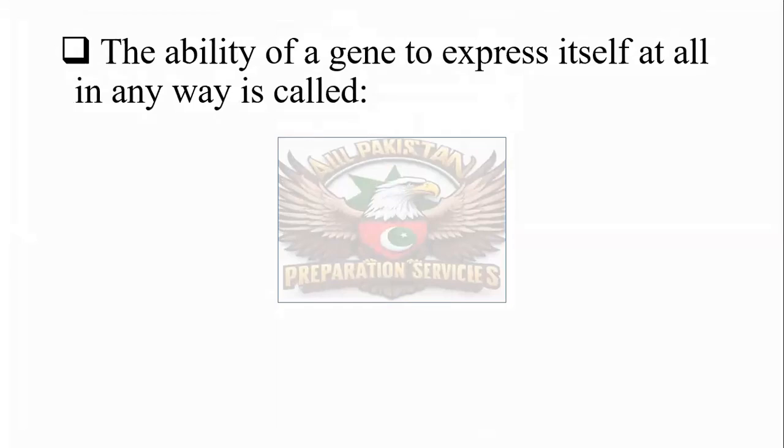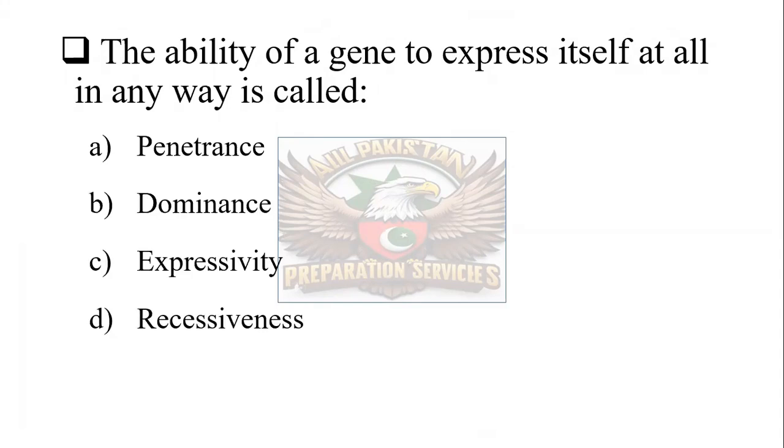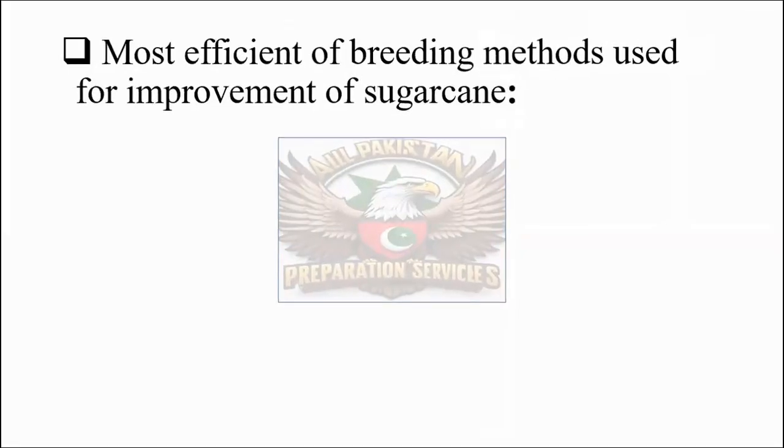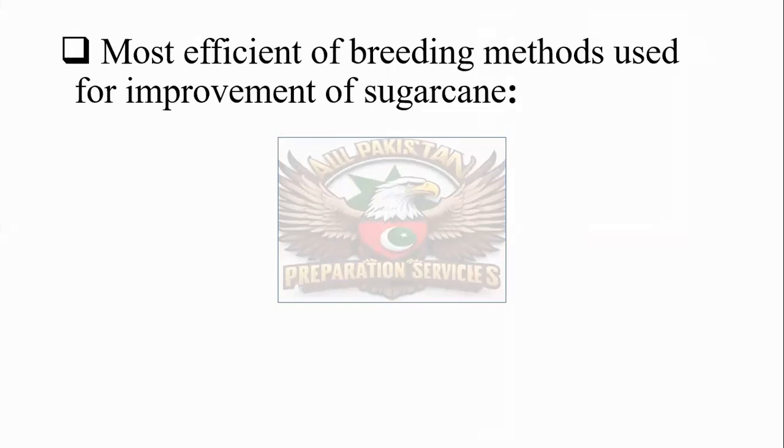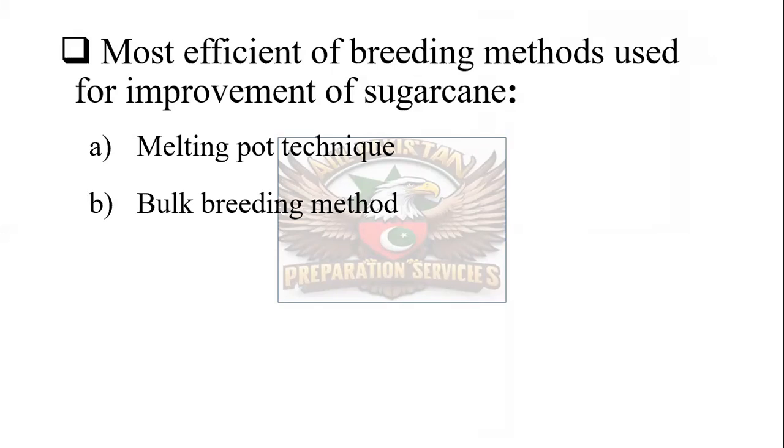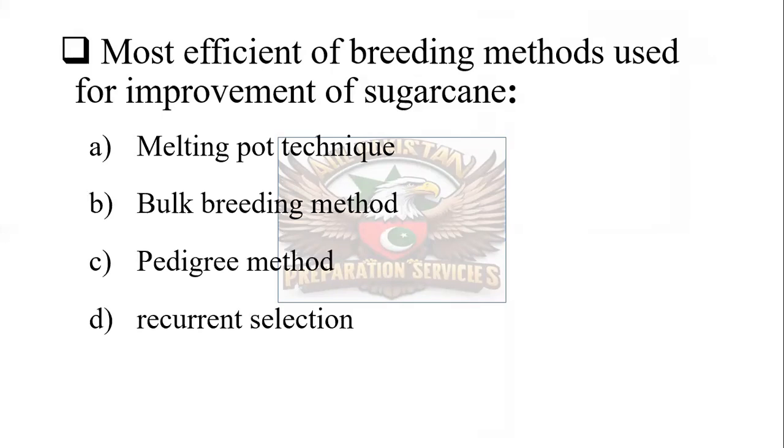The ability of a gene to express itself at all in any way is called penetrance, dominance, expressivity, or recessiveness? The correct one is penetrance. Most efficient of breeding methods used for improvement of sugarcane: melting pot technique, bulk breeding method, pedigree method, or recurrent selection?